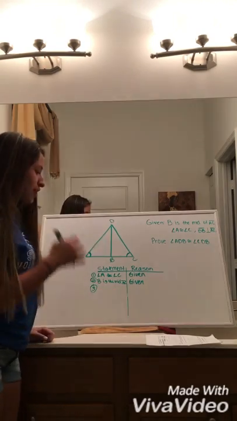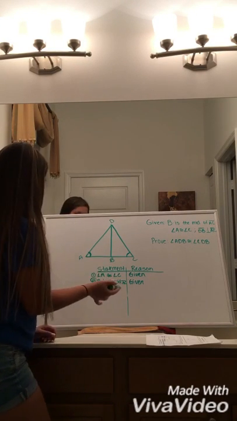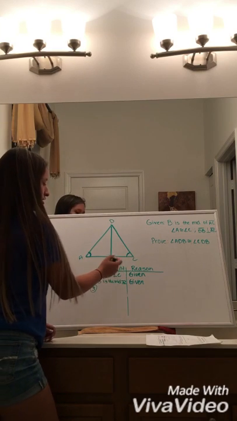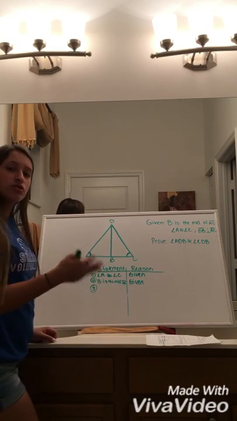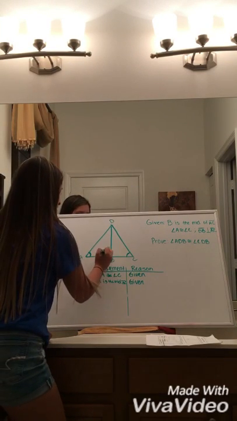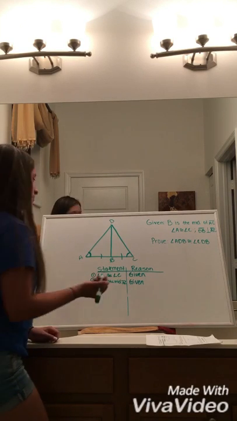So now for my third statement, I would go up here and I would find anything that I see that is congruent. So I see that line AB is congruent to BC. So since those two lines are two separate lines, I would put hash marks to notify me that those two are congruent. So that can be my third statement.